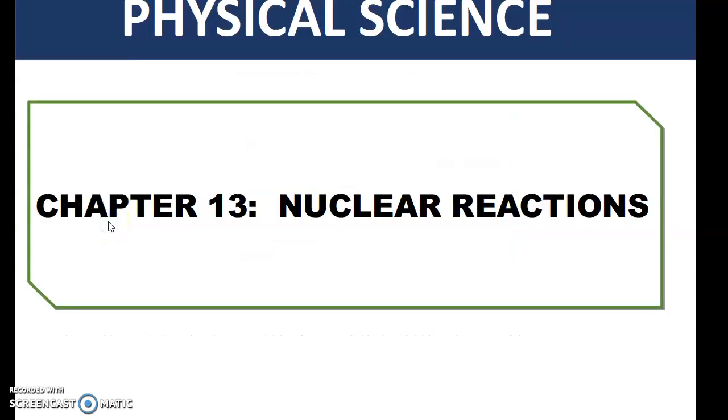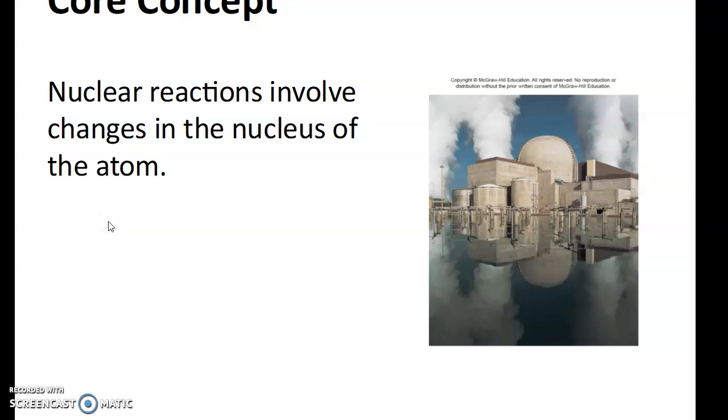Let's continue on now with Chapter 3, Nuclear Reactions. The idea here is that nuclear reactions involve changes to the nucleus of the atom, okay? So any other chemical reaction did not change what that nucleus was.